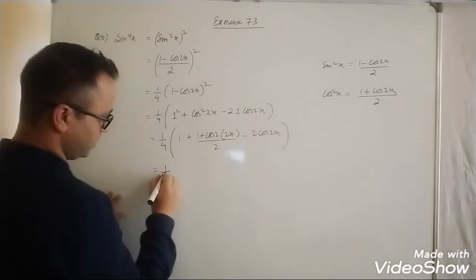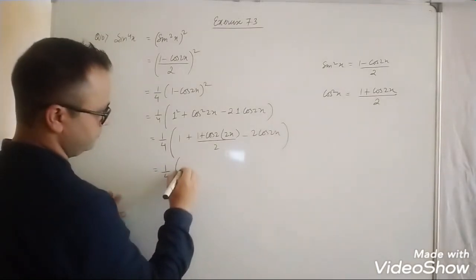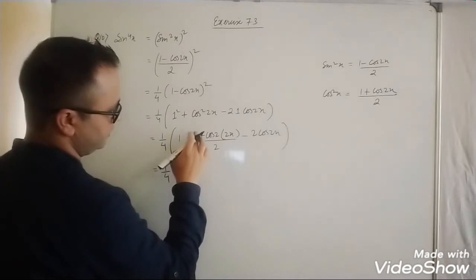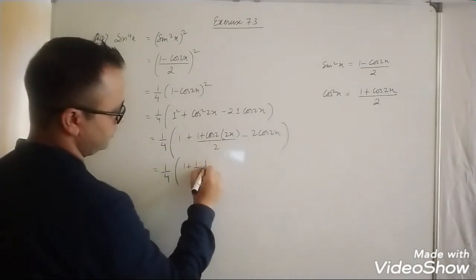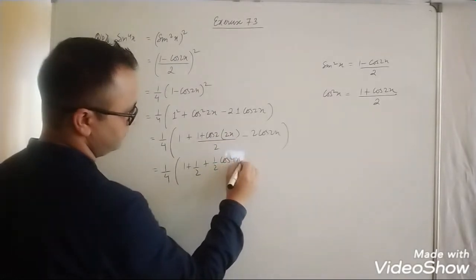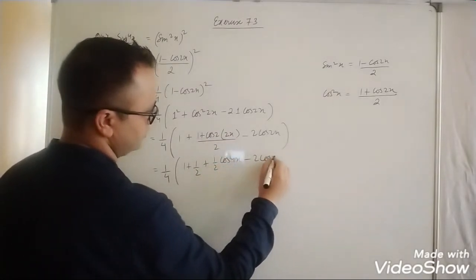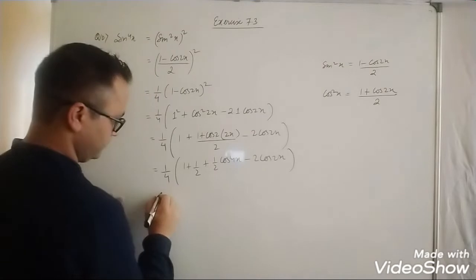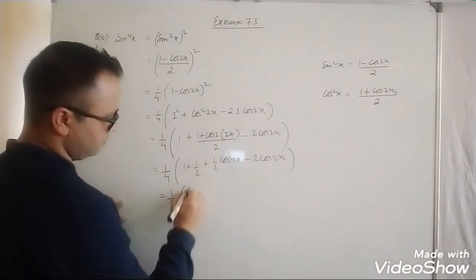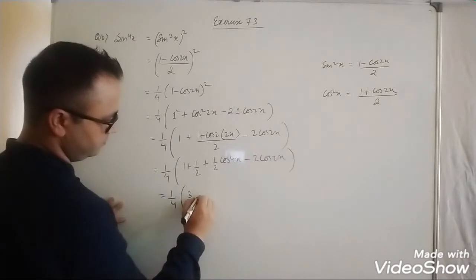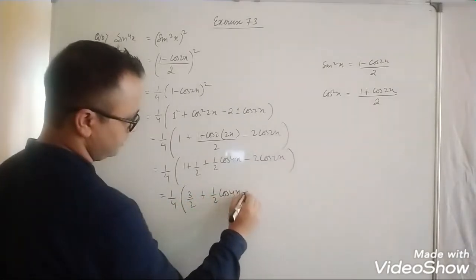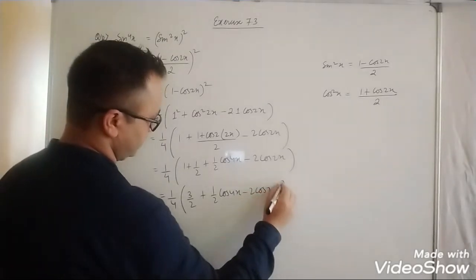So this equals 1 by 4, 1 plus 1 by 2, we can separate this, 1 by 2 plus again 1 by 2 cos 4x minus 2 cos 2x. So 1 by 4, 1 plus 1 by 2 is 3 by 2 plus 1 by 2 cos 4x minus 2 cos 2x.